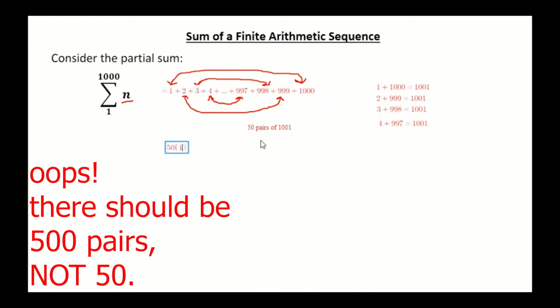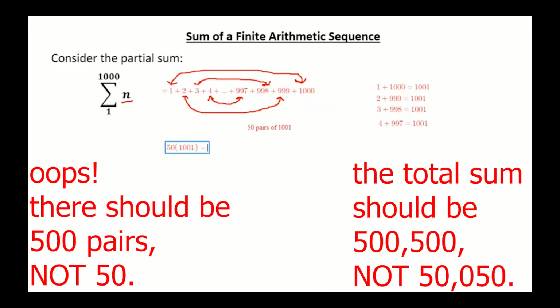In other words, 50 times 1,001 will give us our solution. I'm going to break out the calculator to do that. So we get 50,050. That means this sum is 50,050.